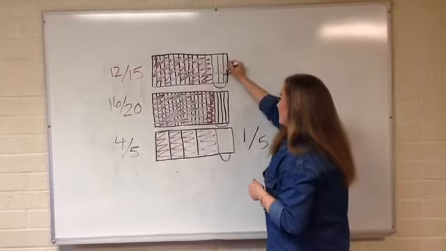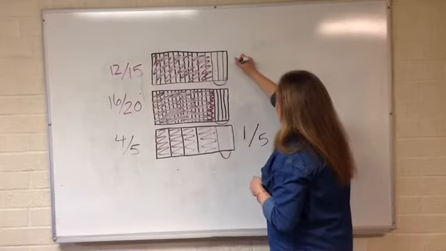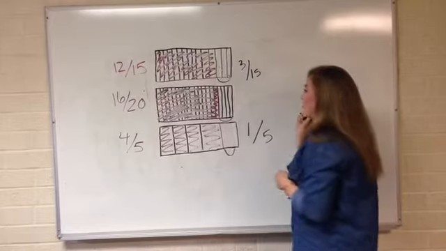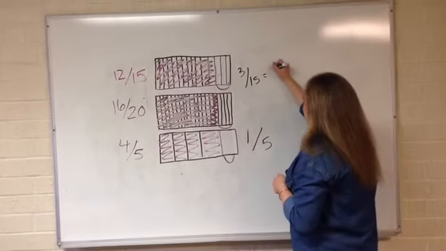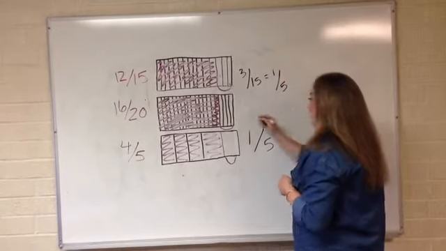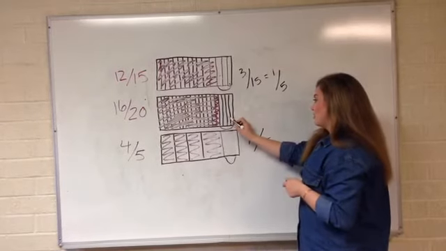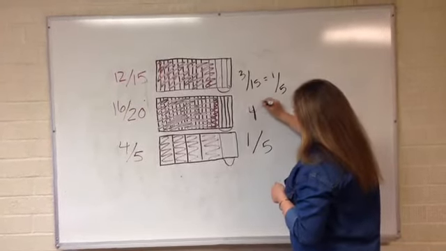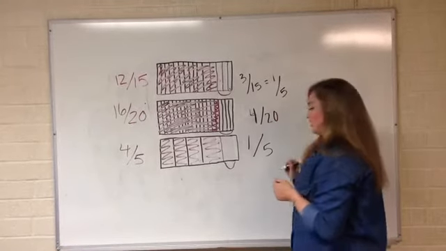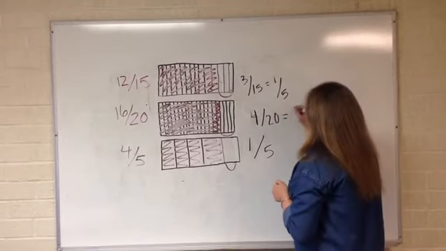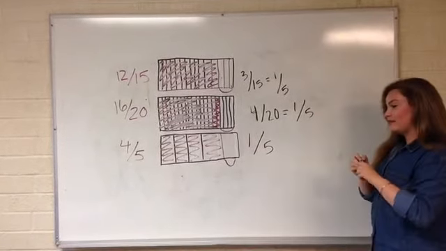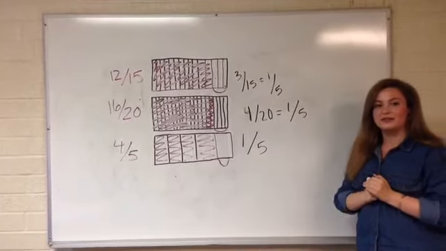And here you have 1, 2, 3 out of the 15 squares remaining, which also reduces to 1/5. And this one you have 1, 2, 3, 4 out of the 20 squares remaining, which also reduces to 1/5. And because they all have 1/5 left, you know that they're all equivalent.